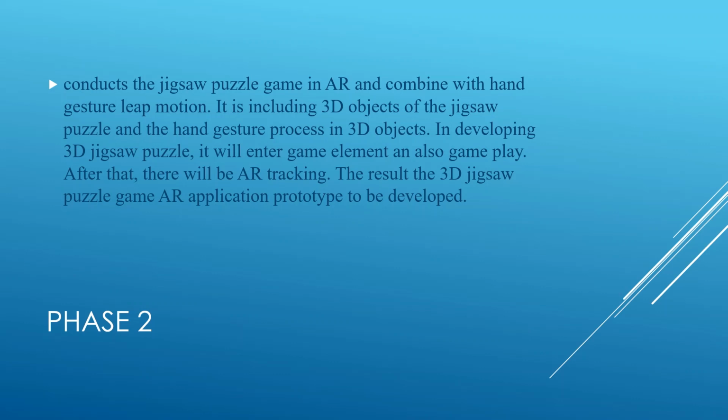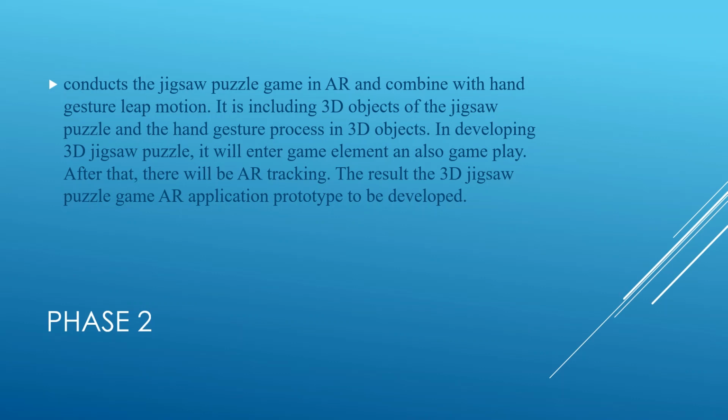For the second phase, the jigsaw puzzle game in AR is developed and combined with hand gesture in leap motion. It includes 3D objects of the jigsaw puzzle and the hand gesture process on 3D objects. It involves developing the 3D jigsaw puzzle, and will include game elements and also gameplay. After that, there will be AR tracking, and the result is a prototype of the 3D jigsaw puzzle game AR application.